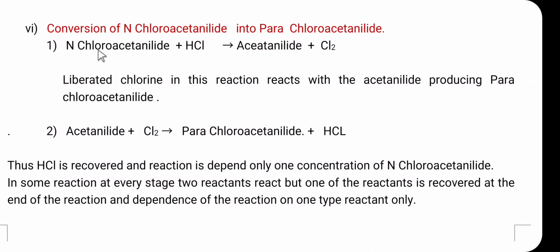Here also, even though the molecularity is 2, after completion of the reaction HCl is recovered again. That is why the rate of this conversion of N-chloroacetanilide into para-chloroacetanilide does not depend on HCl, it depends only on the concentration of N-chloroacetanilide. That is why the order is 1 and it is a pseudo-molecular reaction.